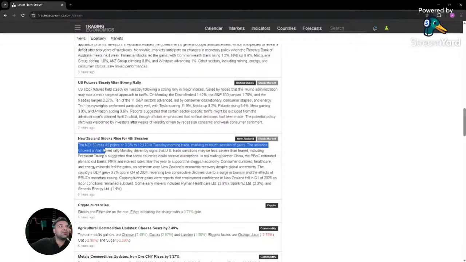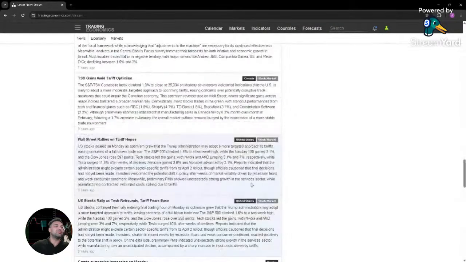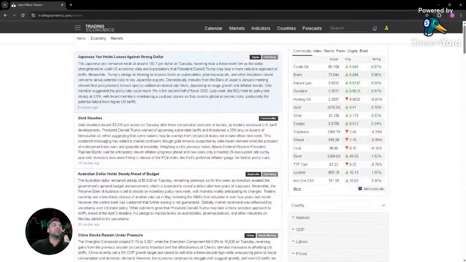The advance followed Wall Street's rally Monday, driven by signs that U.S. trade sanctions may be less severe than feared, including President Trump's suggestion that some countries could receive an exemption, as well as top trading partner China. So overall, it is getting stronger. This is the kind of data we are looking at right now.